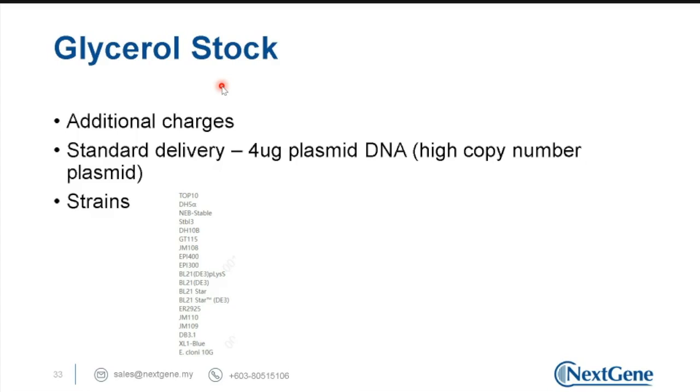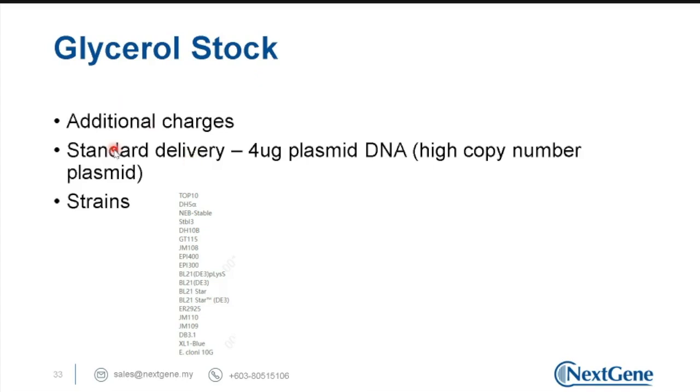In some cases, if you need to get more, because we deliver the final construct normally in the amount of 4 microgram, if you need more, you can actually request for glycerol stock. There will be a small charge.